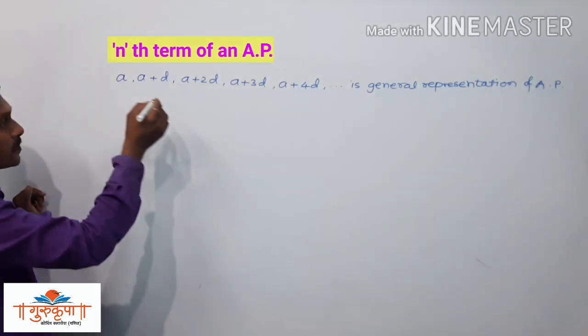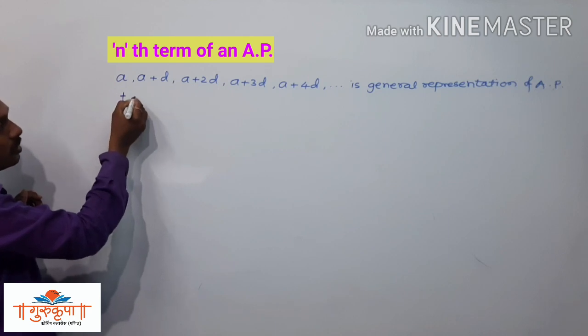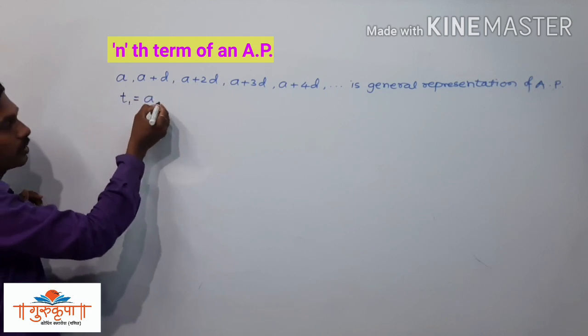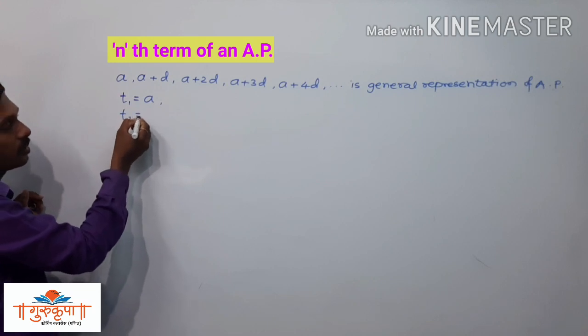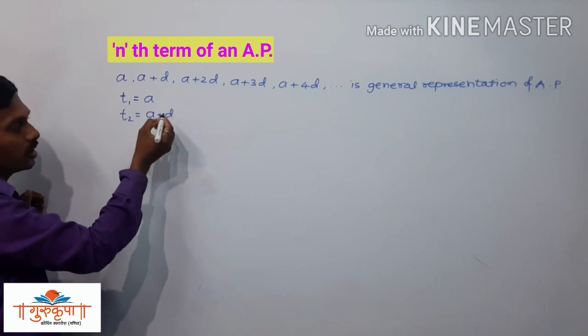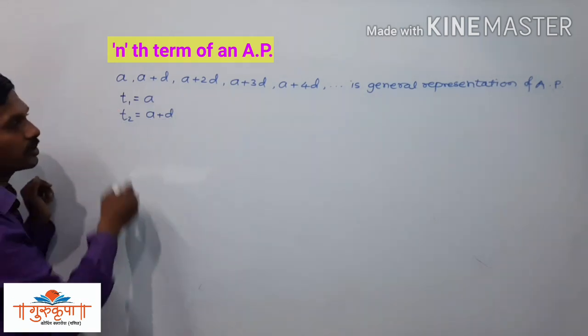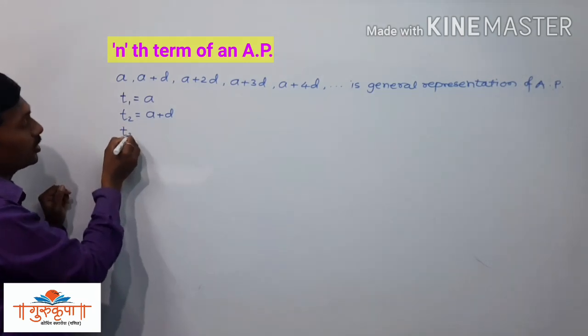So here we will write this is T1 is equal to a, then T2 is equal to a plus d. Here d is the common difference, a is the first term. This is the general representation. T3, how we can represent T3?